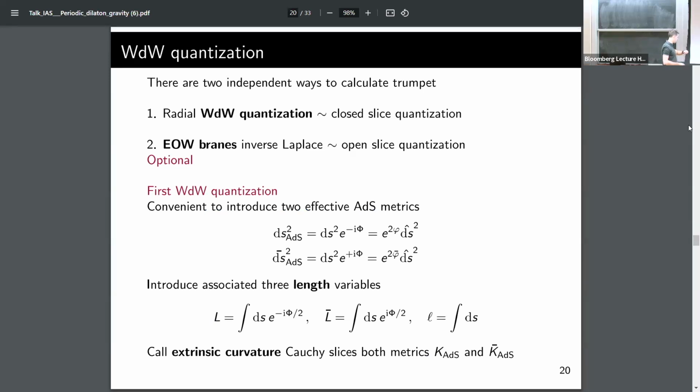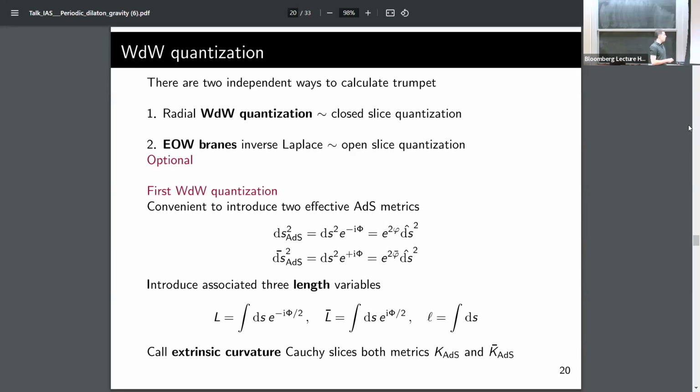So first I'll discuss briefly the Wheeler-DeWitt quantization. And for that, it's convenient to introduce two effective AdS metrics: the one that we had before, and a brother of it, which I label ds^2 AdS bar, where I put the opposite sign for the dilaton. In the Liouville language, these are just the ordinary Liouville metrics for the two fields, so quite natural variables.